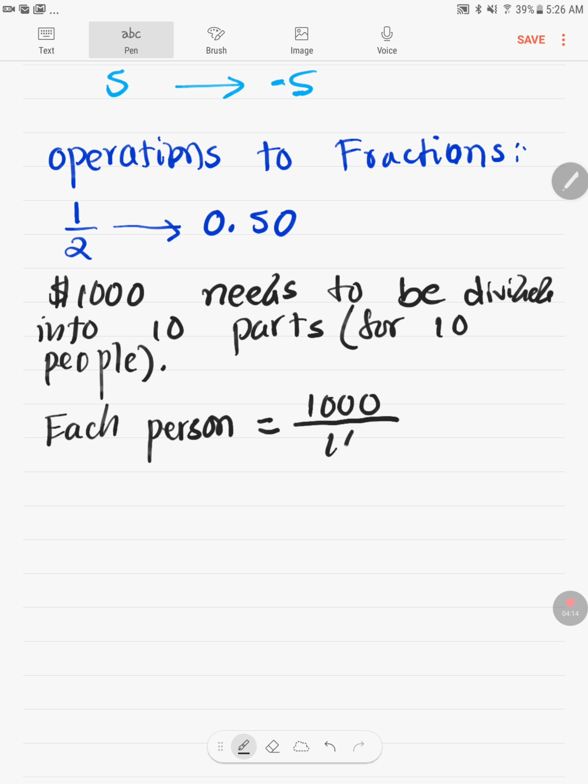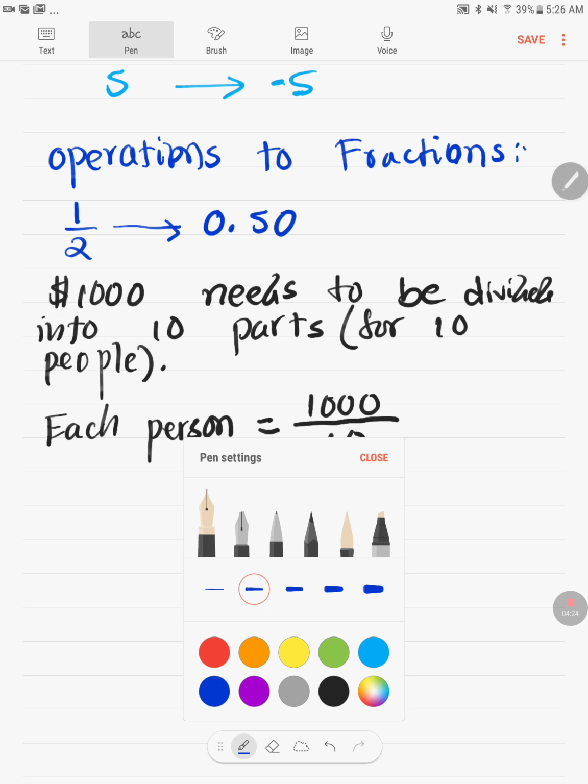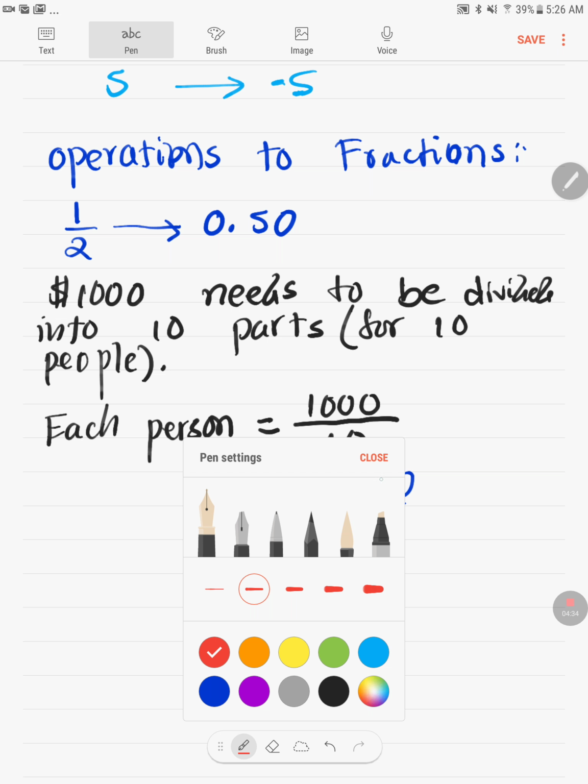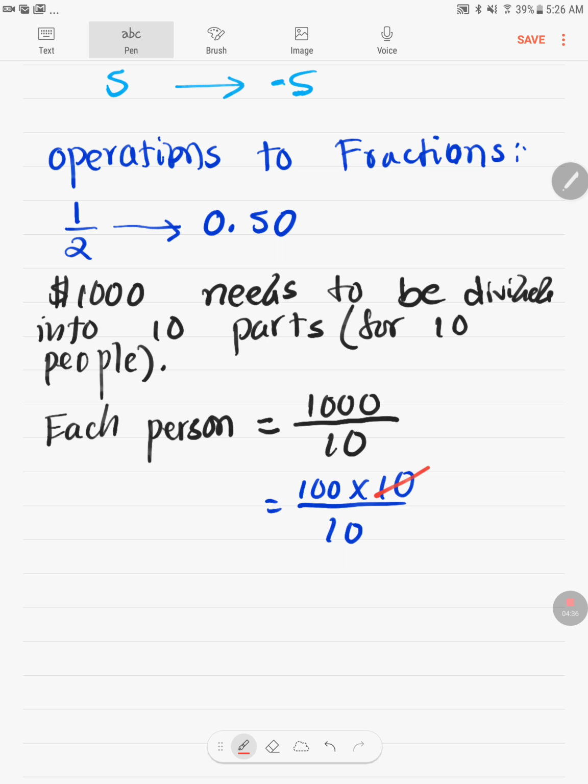divided by 10. And when we divide 1,000 by 10, we could think about the 1,000 as 100 times 10 divided by 10. Now we could see clearly that this 10 in the numerator could be cancelled with this 10 in the denominator.